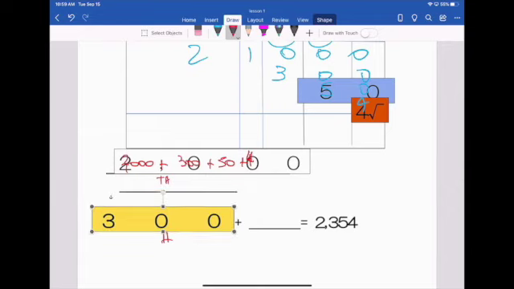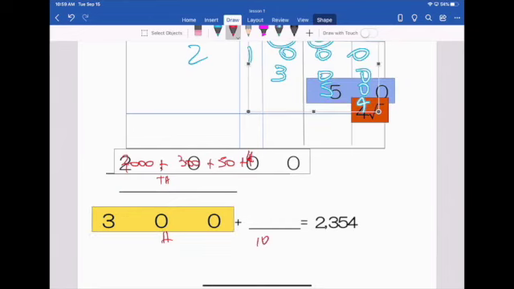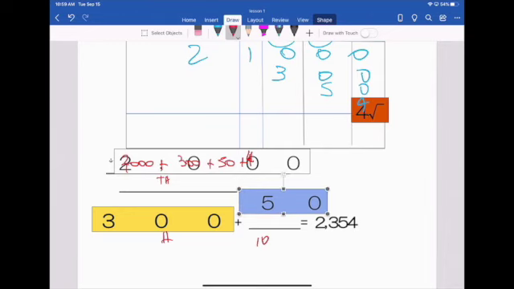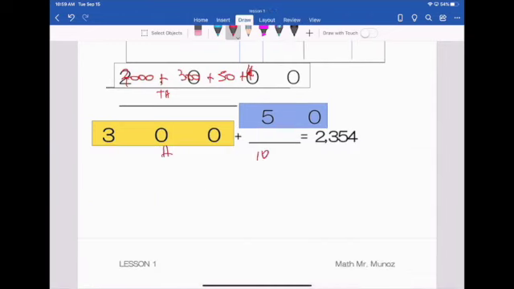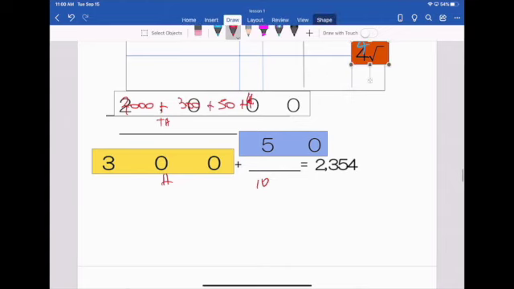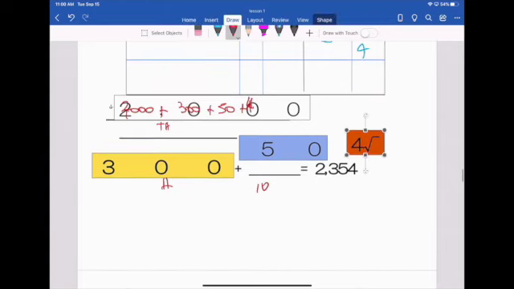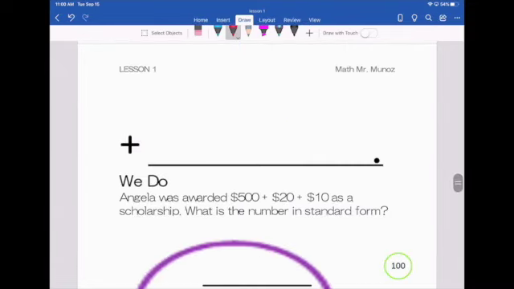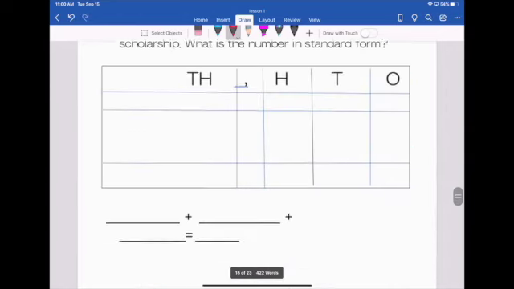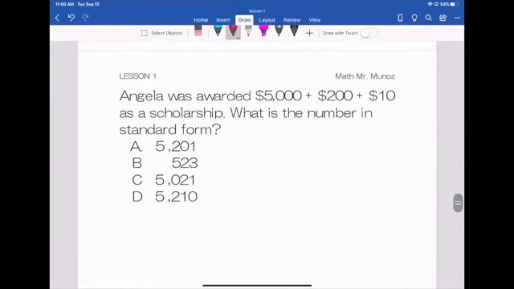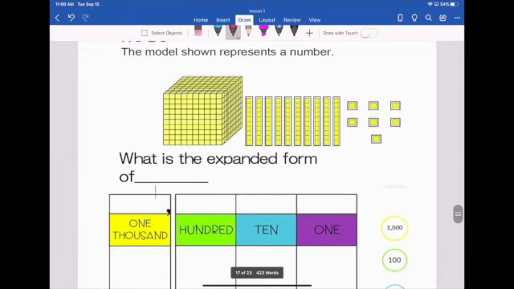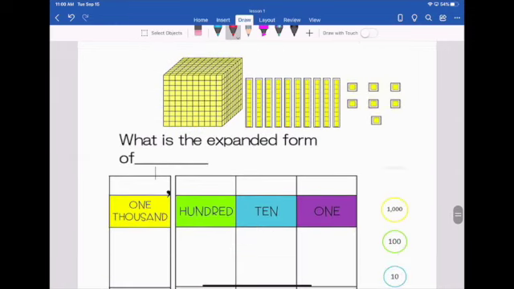Then we continue with the tens, the 50, and we finish with the ones, that is 4. That was 2,354. Then we need to practice. Basically, that is the lesson today. Let's go with this problem.